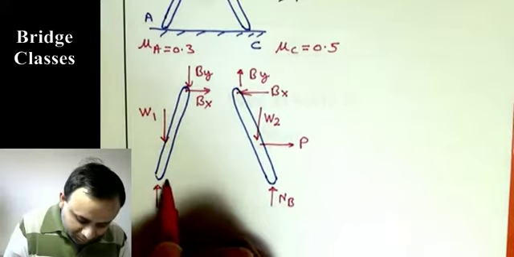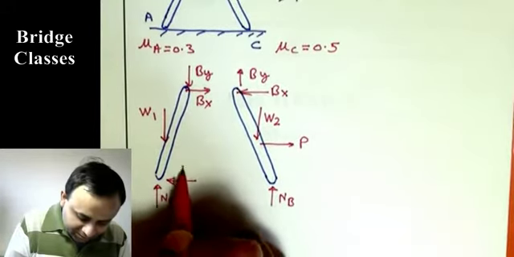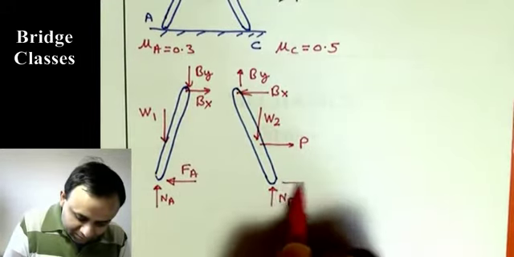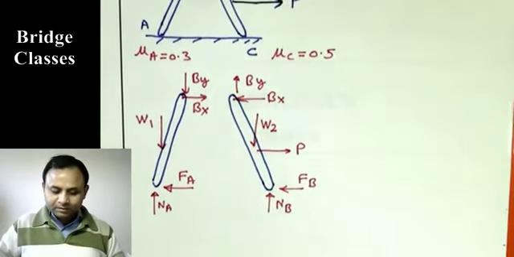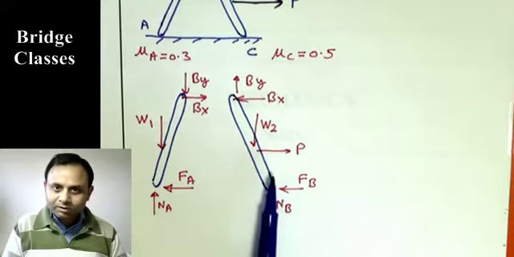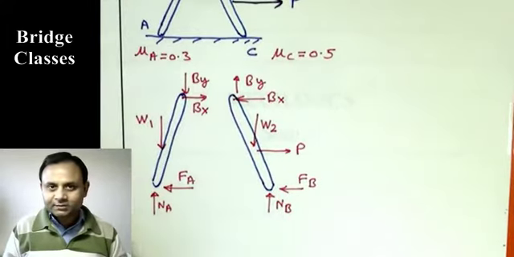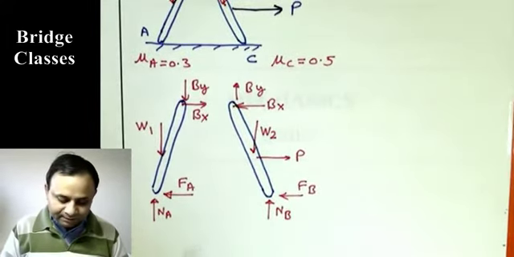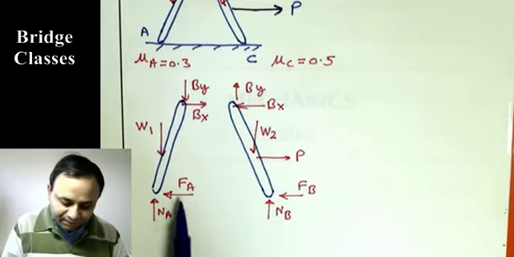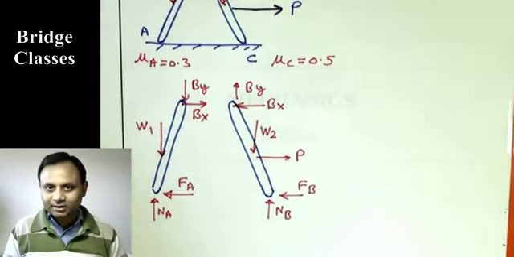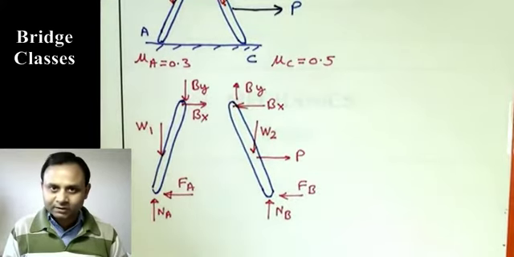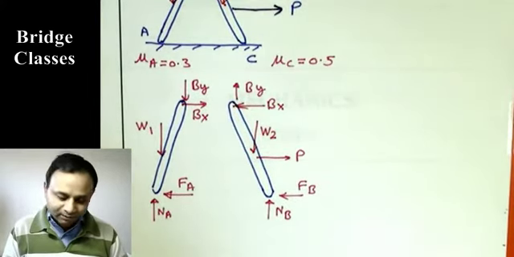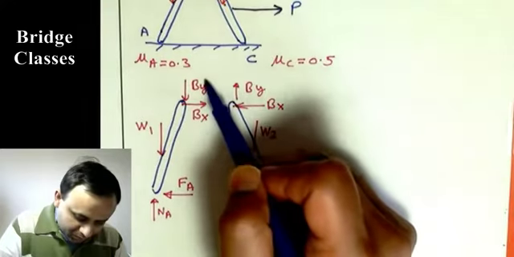So I'm writing here friction as Fa and here friction as Fb. So there are two bodies now. In total, we can write 6 equations of equilibrium and see how many unknowns we have. I haven't used any frictional equation yet. I'm just writing them as Fa and Fb. I haven't used the frictional equation that F equals mu n. So how many unknowns do we have?